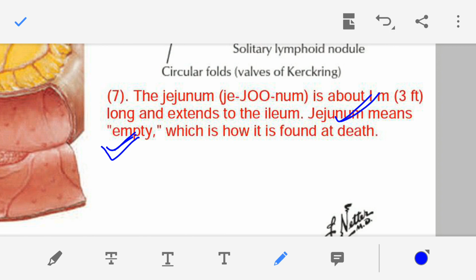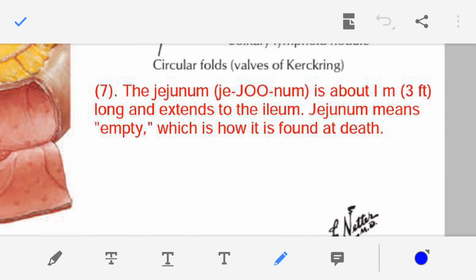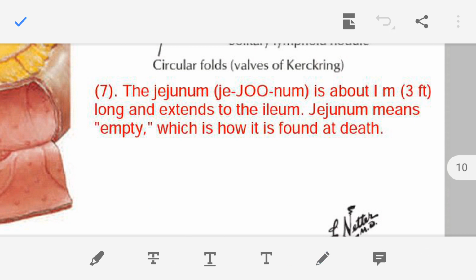The reason is when a person dies, after the death this jejunum remains empty. That's why they have given this part of the small intestine the name jejunum, simply empty after the death of the person.